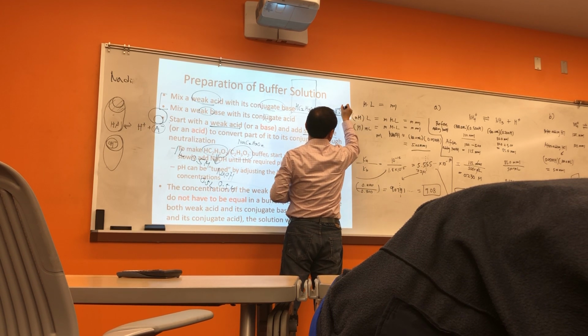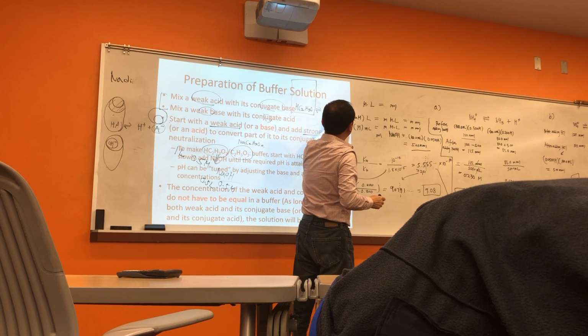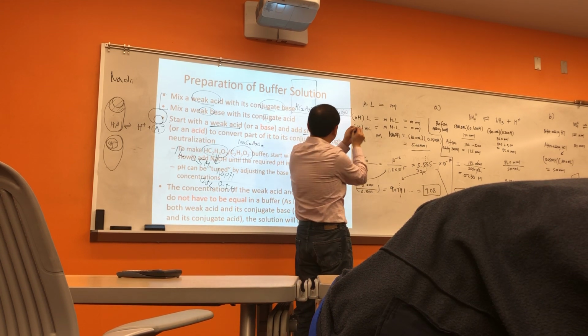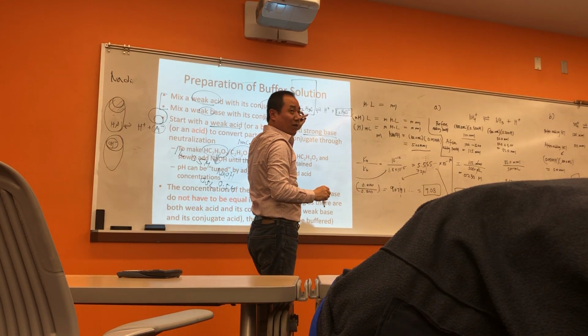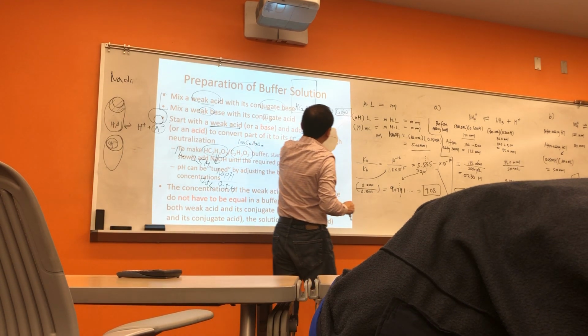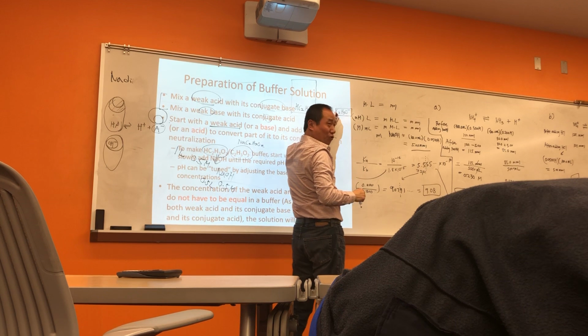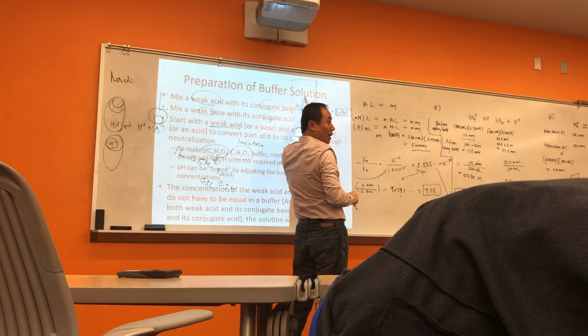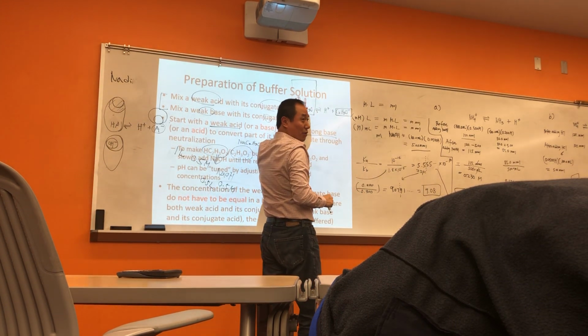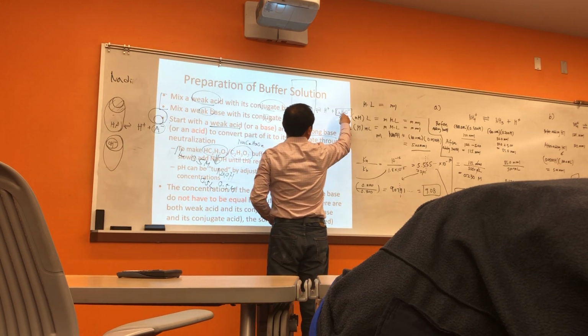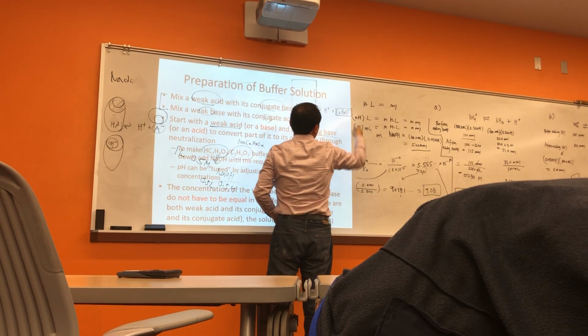This is even too much. I mean, this is really like a tiny amount, right? So if I have only this guy, this is practically not a buffer, although you may have a tiny amount of that, so in that sense you have both of them. But because this is too little compared to that, we don't call this one a buffer, okay? So we have to create this one in significant amount.